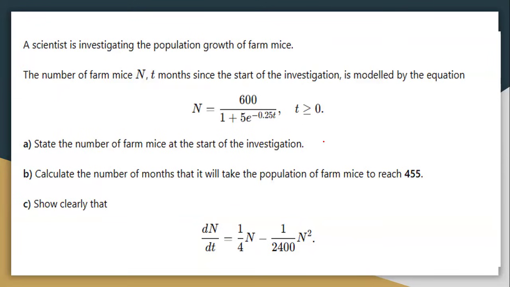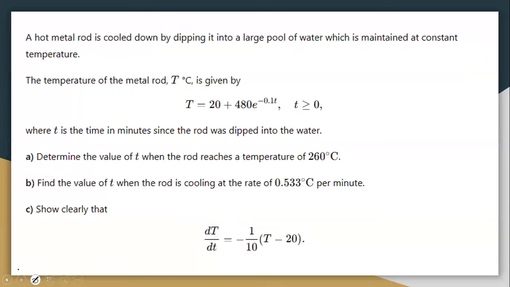Here, I expect you to have your answer as 100. The number of months here, I expect you to get around 11 months. Then this one is for proving, so you keep working until it comes out the way it is, and then you know that you are right. Okay, I'm going to go back to the first one I gave you.